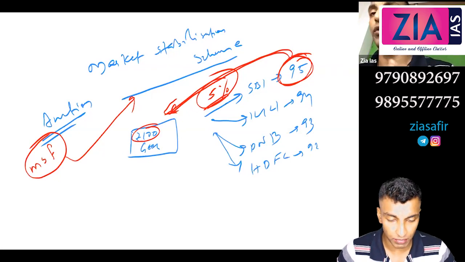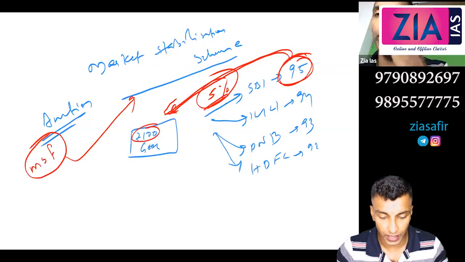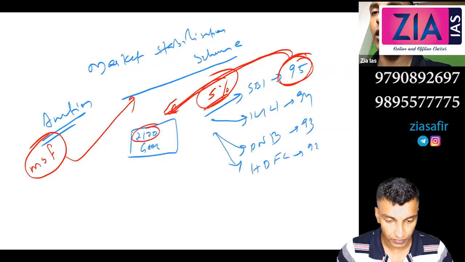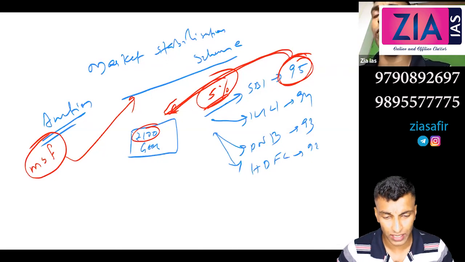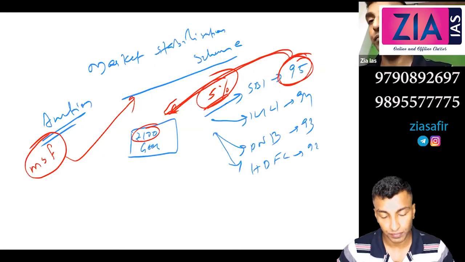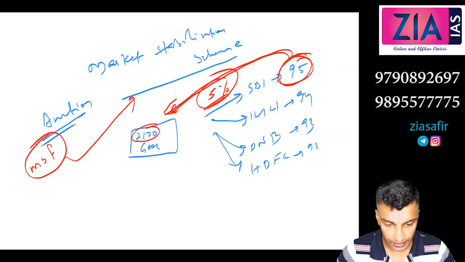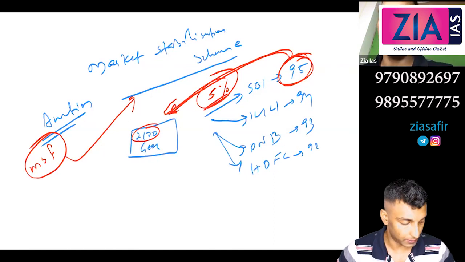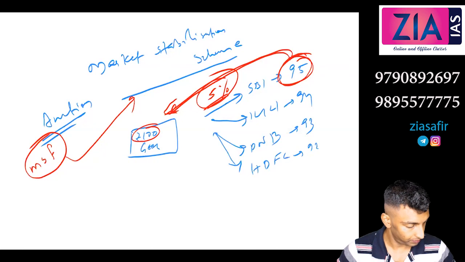These instruments are, you can say, maximum 1 year, from zero to 1 year. But there are dated securities, long-term securities, etc. That we will discuss later, in the capital market. Okay, sir.